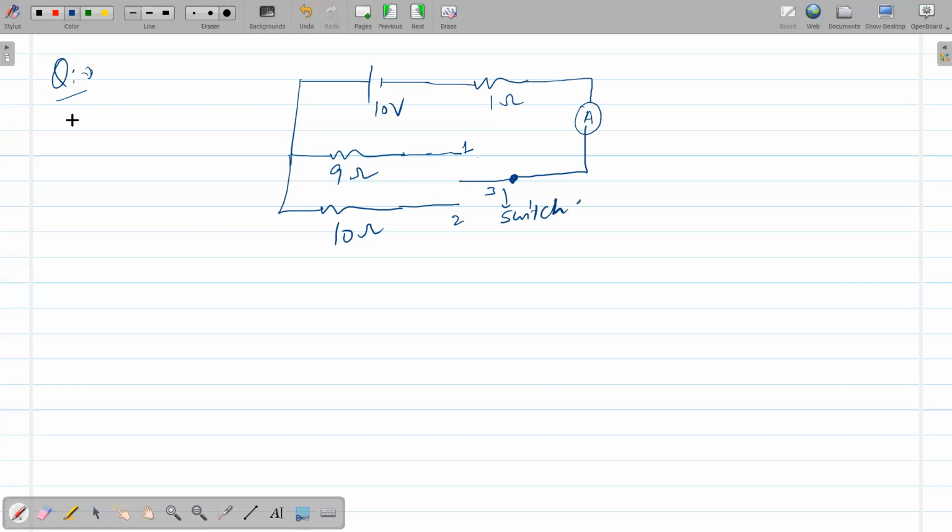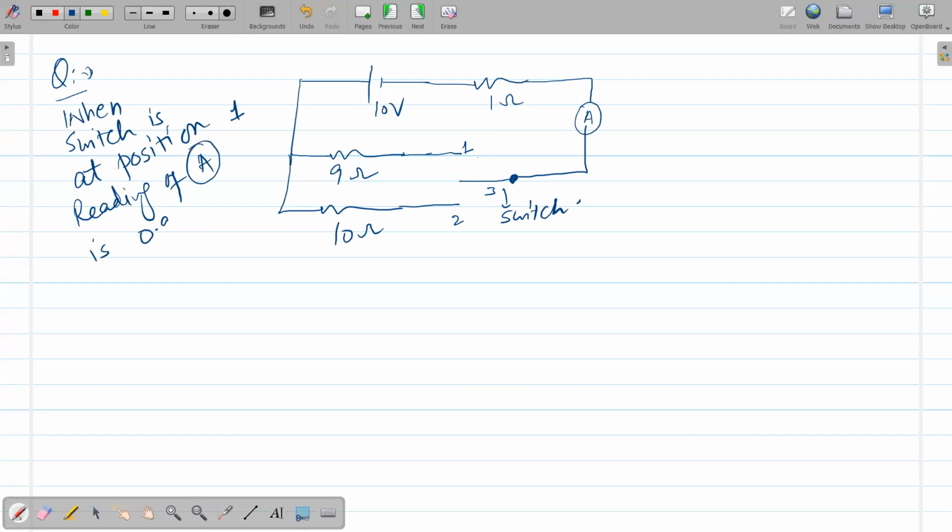The question is, when the switch is at position 1, the reading of the ammeter is 0.9 ampere.